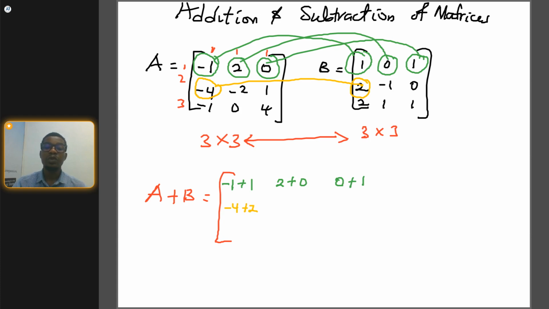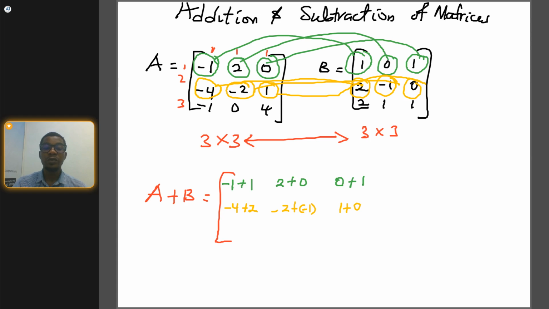Then -2 is added to the corresponding -1, giving -2 plus -1. Then 1 will be added to the corresponding 0, that is 1 plus 0.